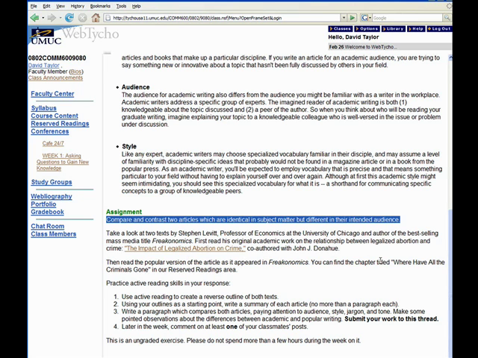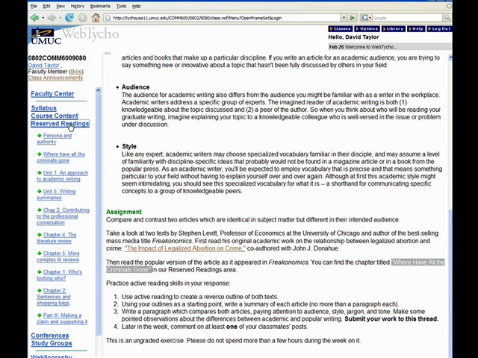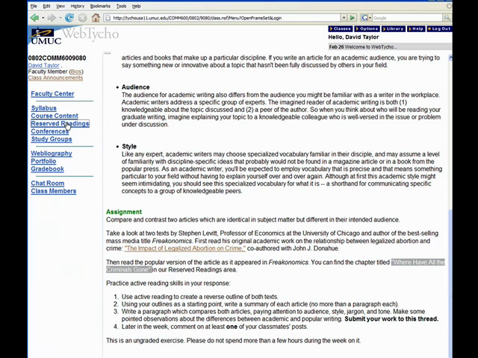Then you're going to read a chapter from a very popular book called Freakonomics, Where Have All the Criminals Gone? You will find that chapter in our reserved readings. It's this one right here. I'm sure you've dealt with the reserved readings portion of WebTycho classrooms before.